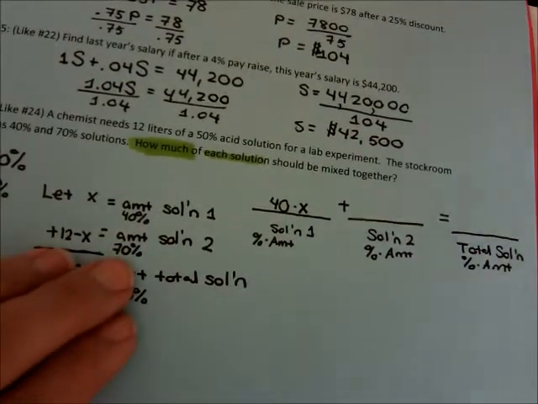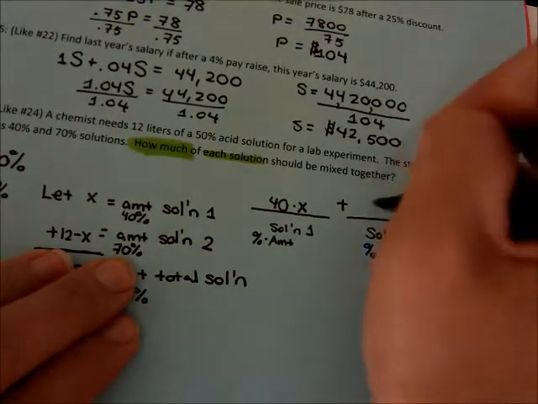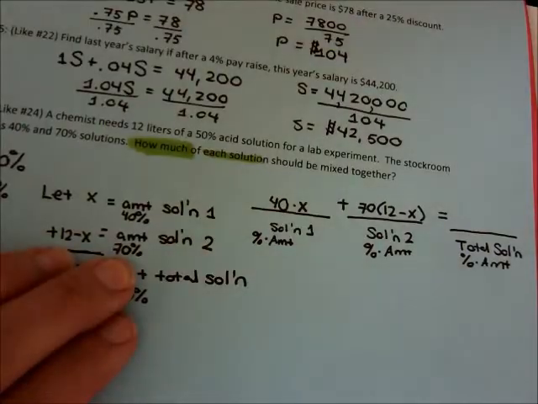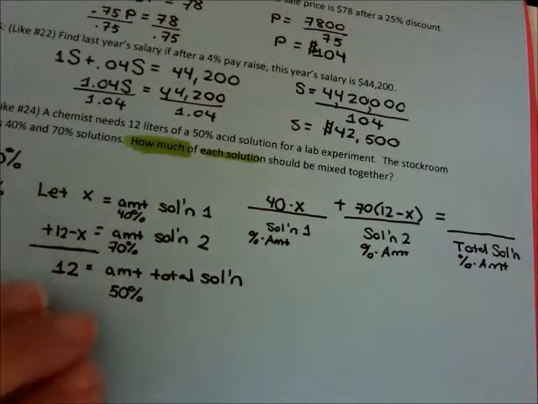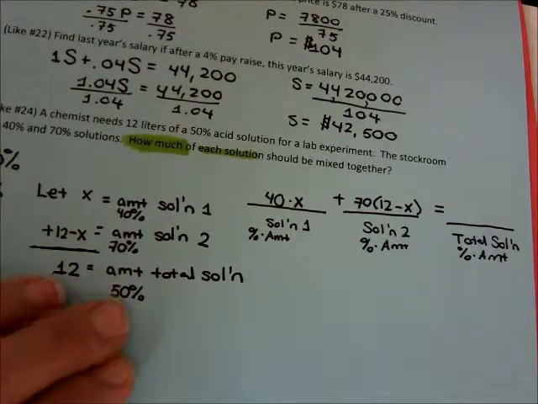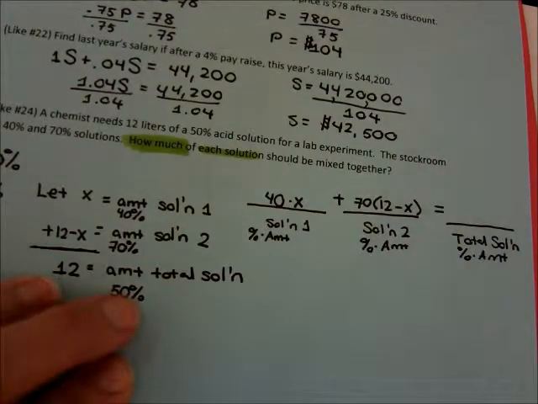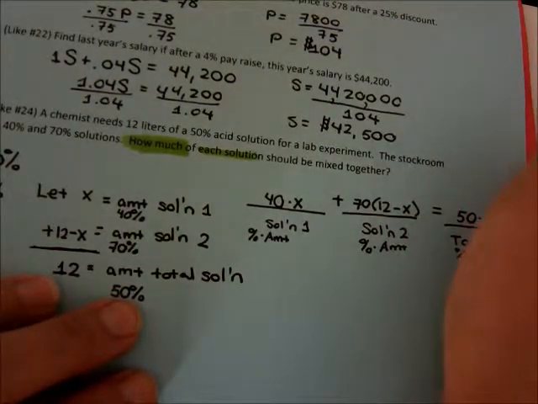In solution 2, careful, it's a quantity, so it's 70 times all of 12 minus x. And the last one is going to be what times what? 12 times 50. Good.